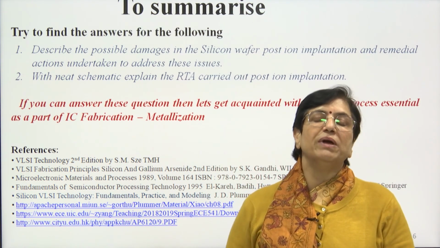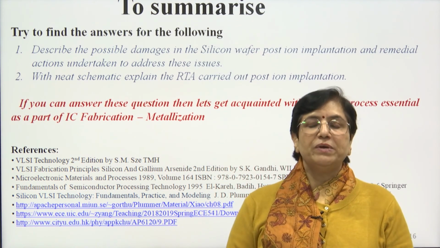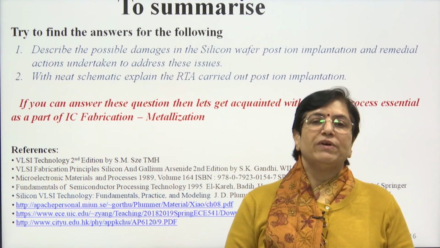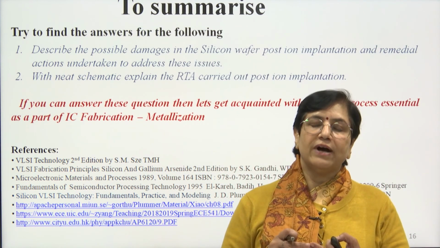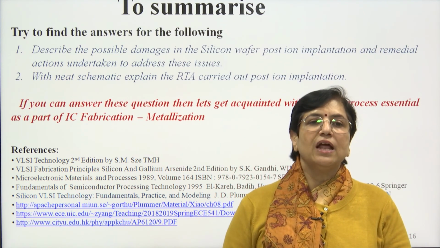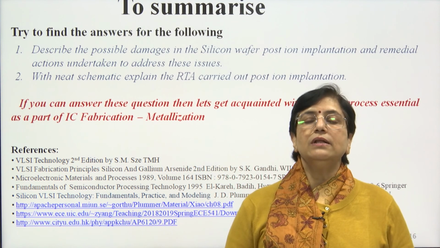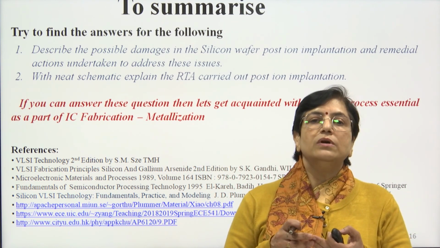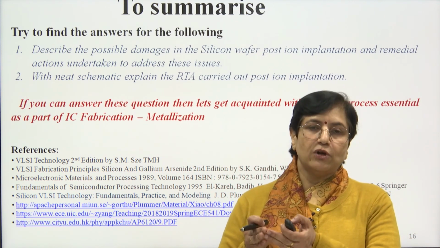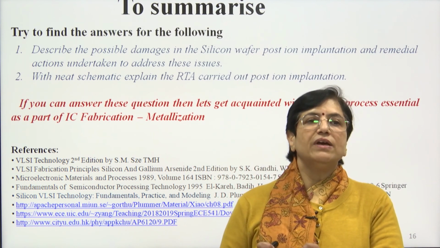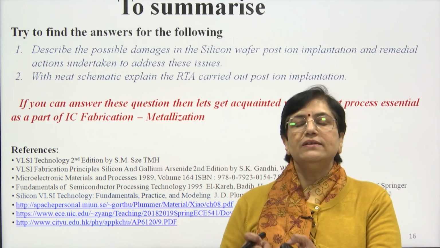They can develop tails, and normal profiles can get deviated, especially in the case of high dosage, where amorphization can happen. Then we saw how amorphization can be controlled using solid phase epitaxy, and finally how the rapid thermal annealing system works.